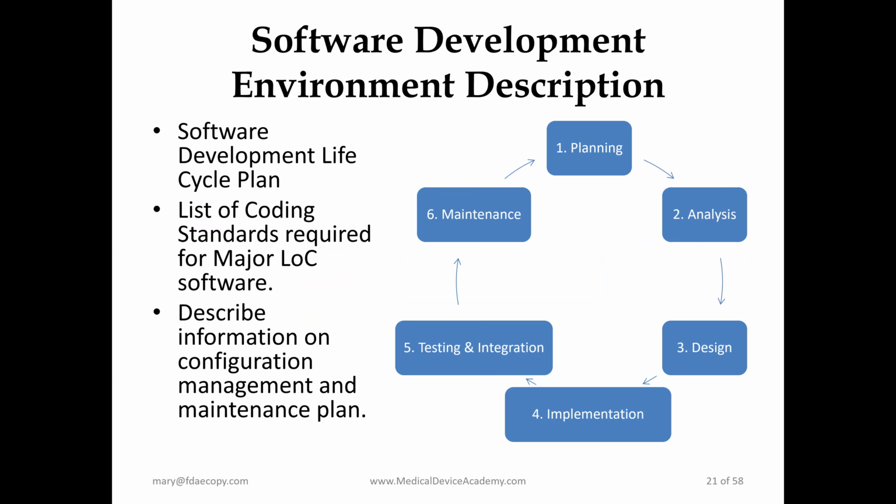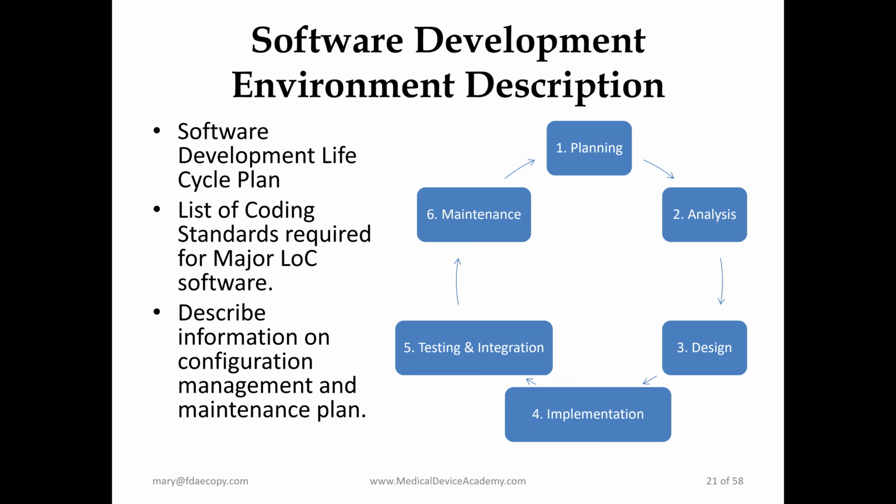So the next document is the software development environment description. So this is where you describe your lifecycle plan. And if you have any coding standards, then that's great to include. That's something for major level of concern devices they really want to see, coding standards, again, just to show that you have an environment of quality.